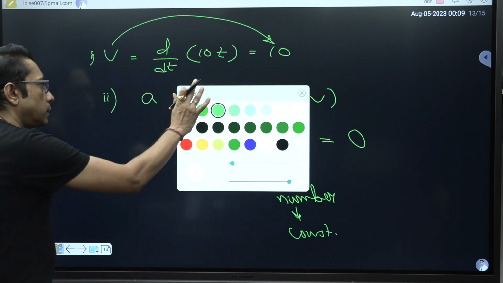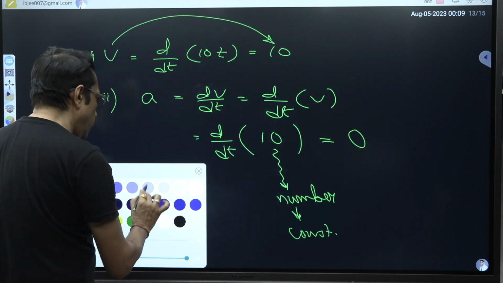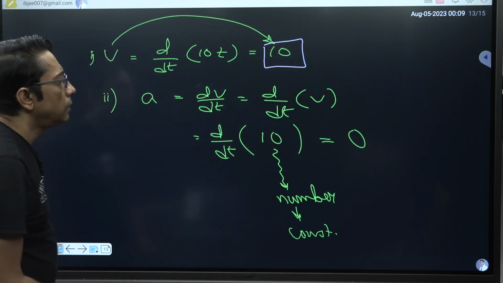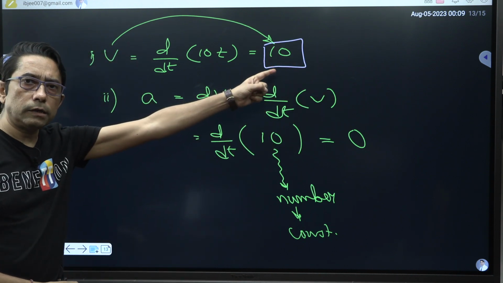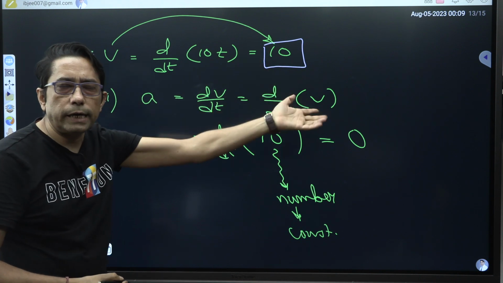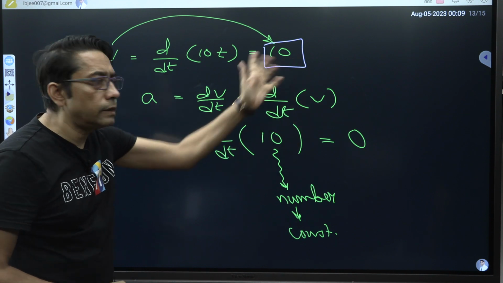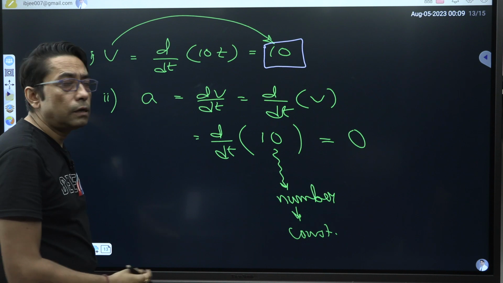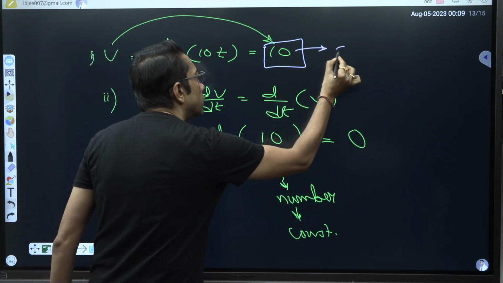Just one point I want to show you here only. What did I say a little while ago? A number means constant. I said a little while ago, a number, only a number, no x, no time, no y, nothing, just a number, that is a constant. So velocity came out to be 10 meter per second, which is a constant value.